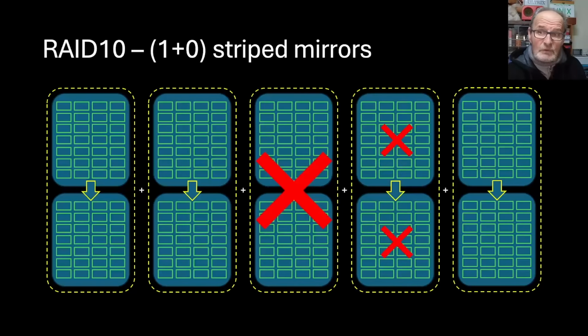So it's a bit of a roulette game. However, think about it. If you've got 5 disks, and if you were unlucky enough to lose 2 of them, statistically, you are very slightly less likely to lose 2 disks in the same mirror, hopefully. So, I mean, always the case that if you have a failure, you fix it as soon as humanly possible, otherwise your data is at risk.